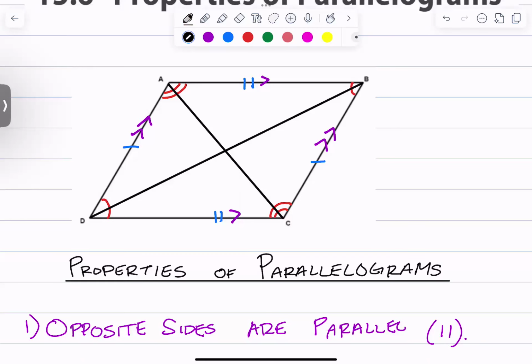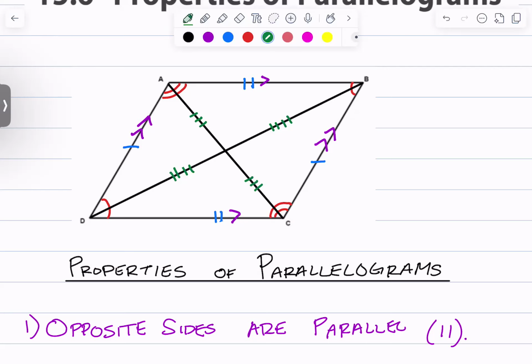Okay, so there's my diagonals, right? And they bisect each other. So that means that AC bisects BD. So these guys, let me go with 3, 4, are congruent, and BD bisects AC, meaning that these guys are also congruent.